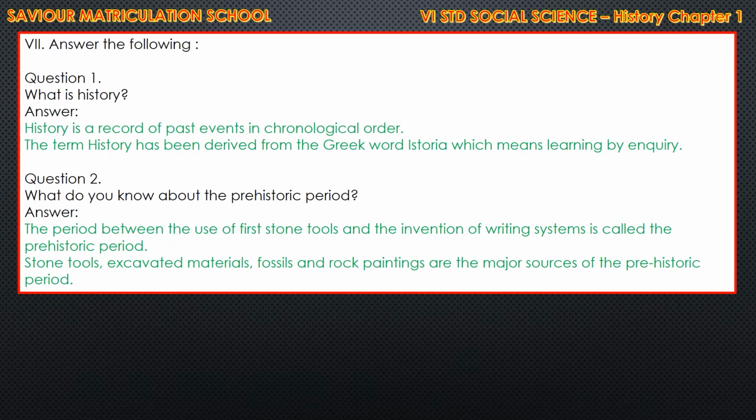Question number 2. What do you know about the prehistoric period? Answer. The period between the use of first stone tools and the invention of writing systems is called the prehistoric period. Stone tools, excavated materials, fossils, and rock paintings are the major sources of the prehistoric period.